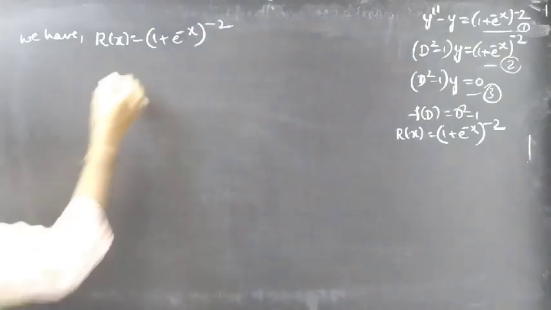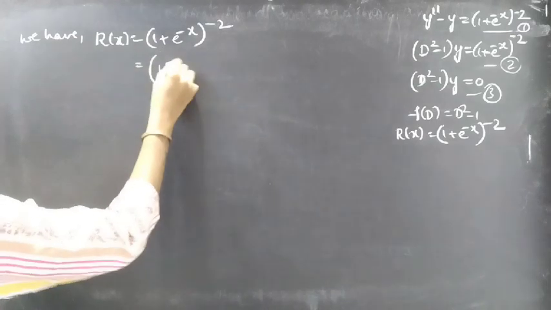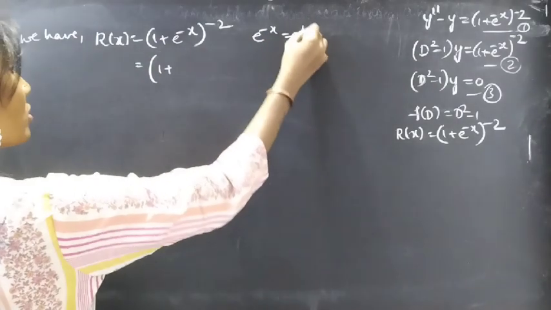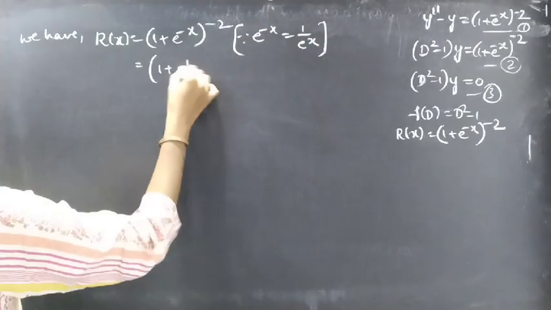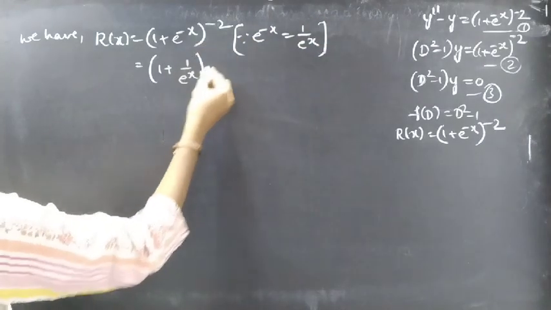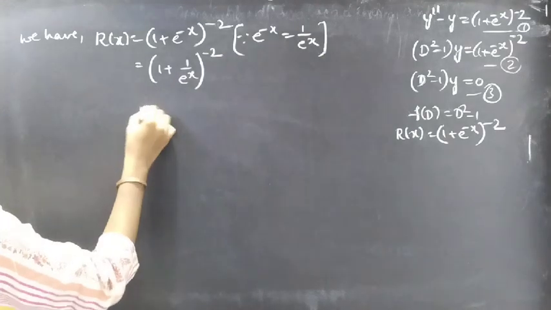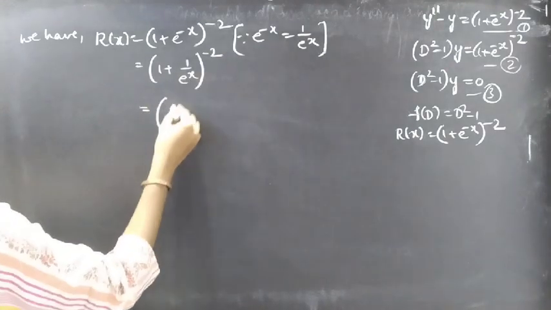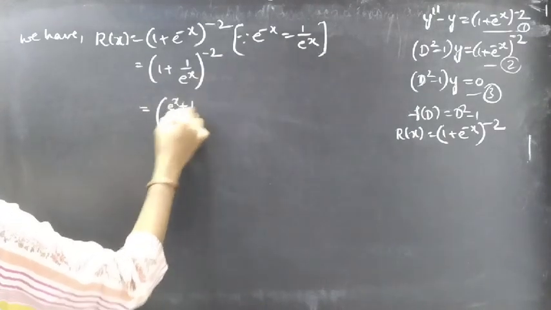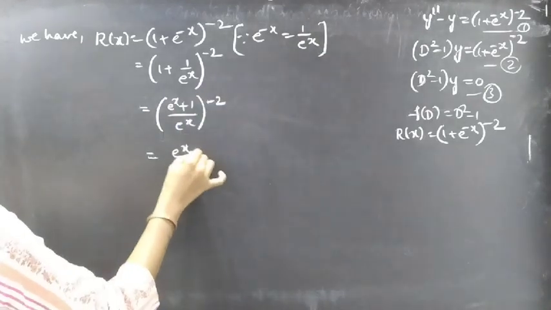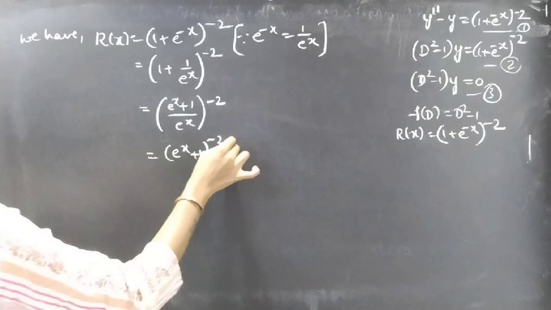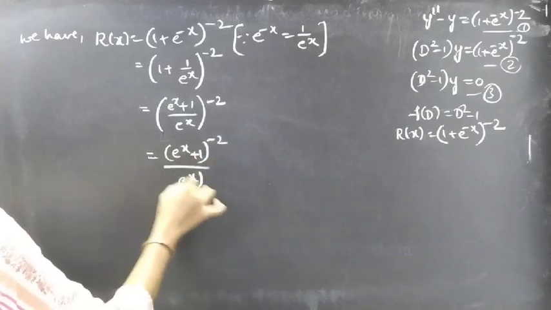Since e power minus x is the reciprocal of e power x, just replace e power minus x with 1 by e power x. We'll get 1 plus 1 by e power x raised to the power minus 2. Now take the LCM of these two terms, we'll get (e power x plus 1) by e power x, raised to the power minus 2. This is equal to (e power x plus 1) power minus 2 by (e power x) power minus 2.